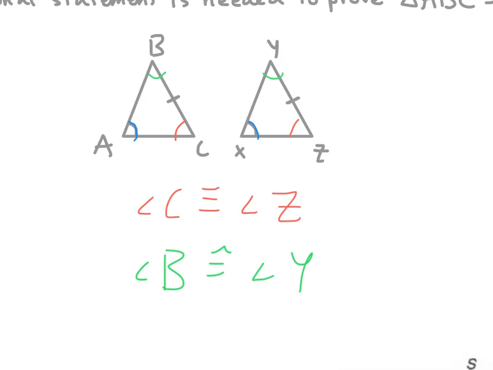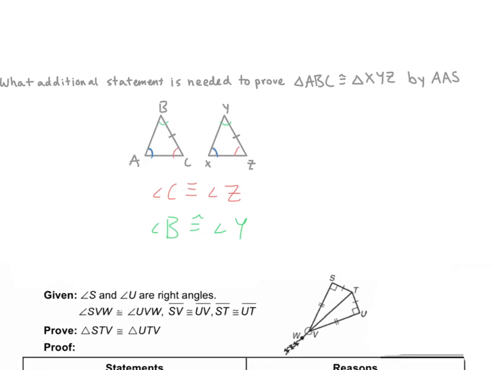We're saying that this is the additional information we need in order to use angle, angle, side, AAS. We need one additional piece of information, that one extra angle.